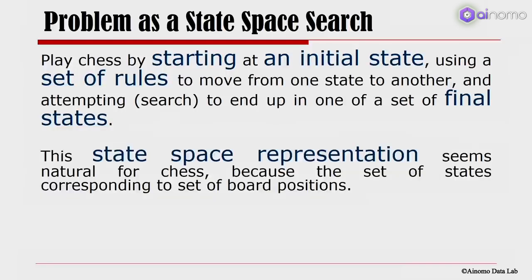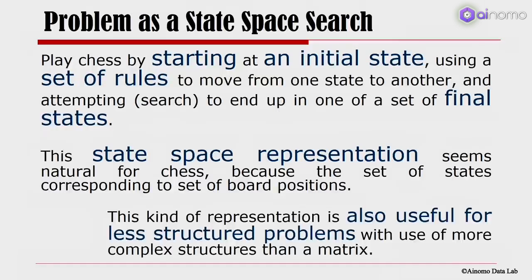This state space representation seems natural for games such as chess and the 8 puzzle, because the set of states corresponds to the set of board positions. This kind of representation may not be very obvious, but is also useful for less structured problems with use of more complex structures than a matrix.